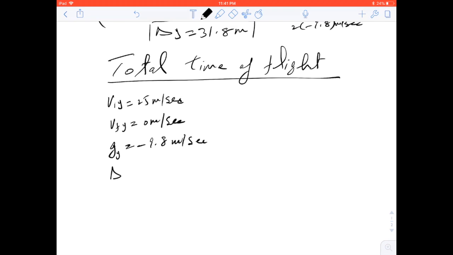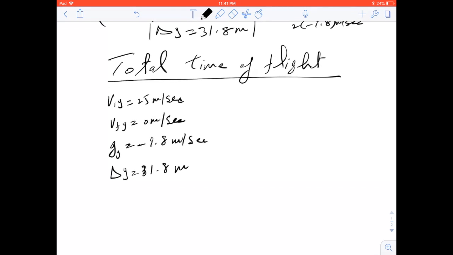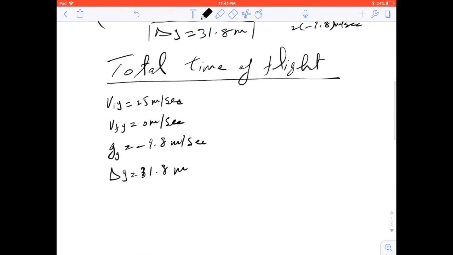And delta y we know is 31.8 meters, and we need to calculate the time of flight when the final velocity of the y component is 0.